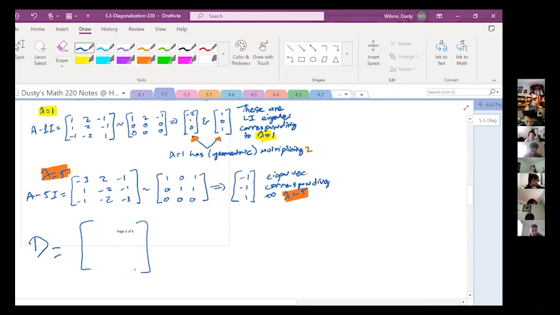What matters is we got to list the eigenvalues along the diagonal. So we could list 115, 151, or 511. Which do you want? Pick your poison.